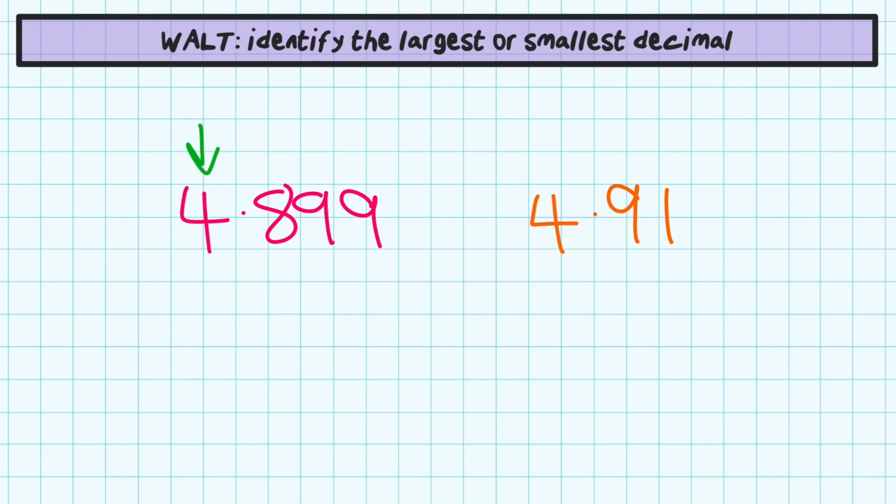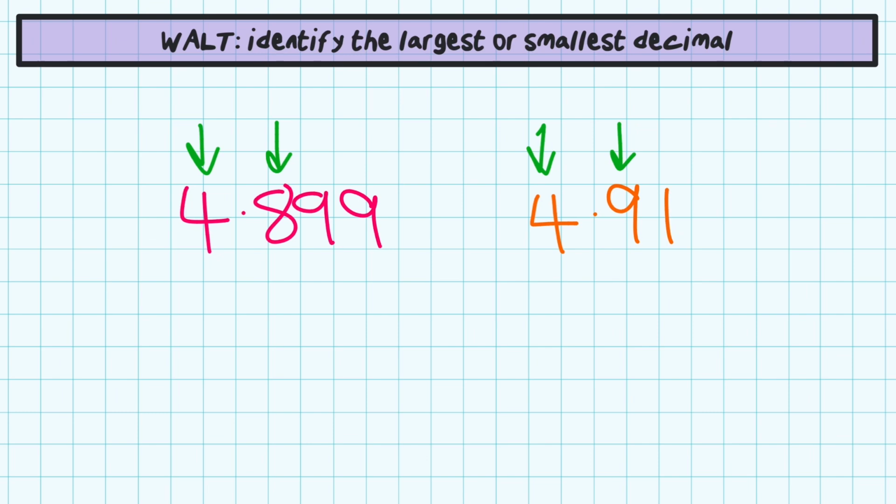We've got a 4 on this side. We've got a 4 on that side. So they are equal so far. 4 ones is the same as 4 ones. Let's look at our tenths. This time we have 8 tenths. And on this side, we have 9 tenths. Wow.